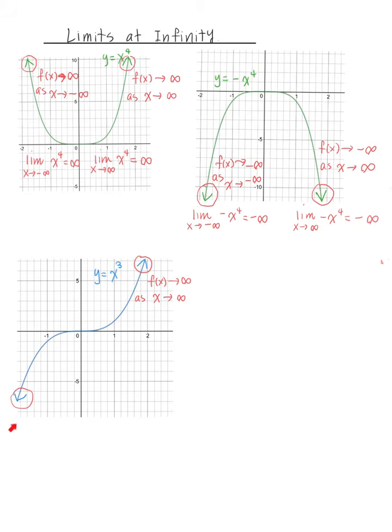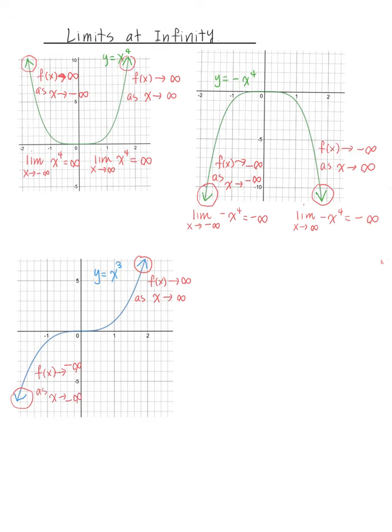Where's the tail end of the graph going? Well, isn't it going towards negative infinity as x goes towards negative infinity? So I would write this as f of x goes towards negative infinity as x travels to negative infinity.